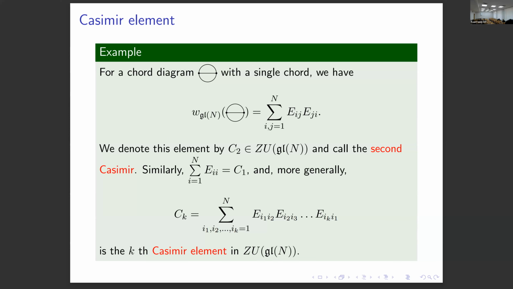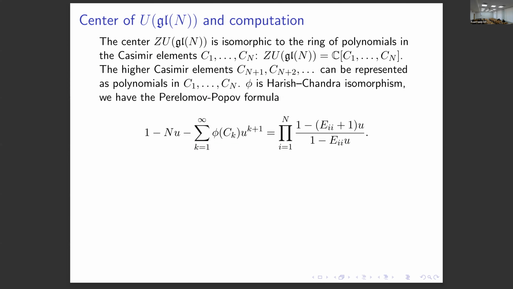And the center of the universal enveloping algebra of gl_N is just the polynomials in the Casimir elements C1 to Cn. The higher Casimir elements C_{n+1}, C_{n+2} can be represented as a polynomial in the lower Casimir elements if you fix n as a number.